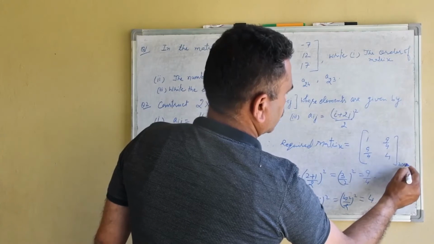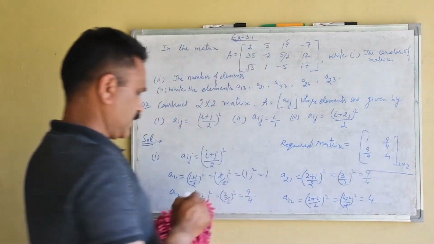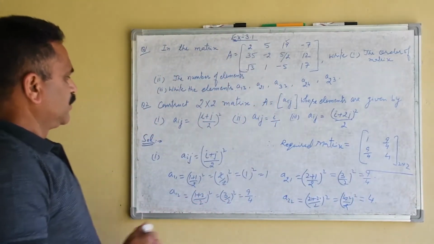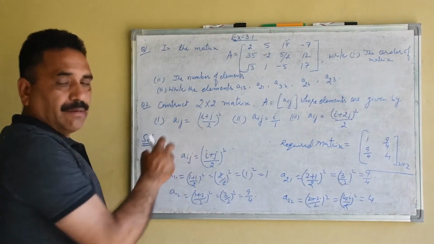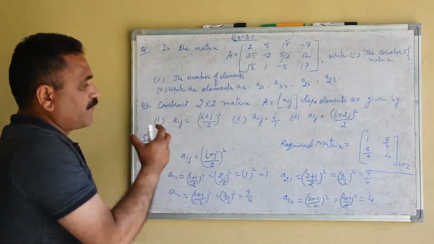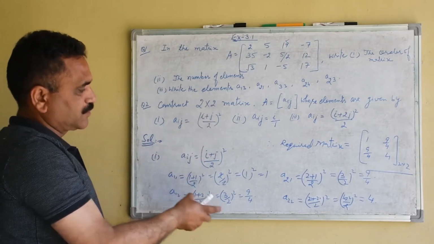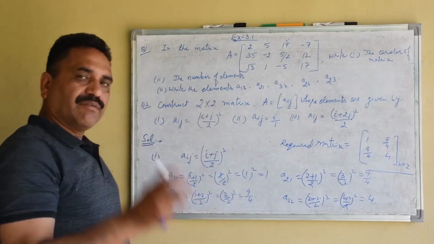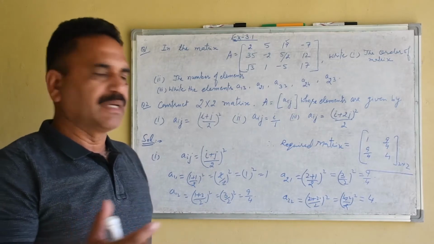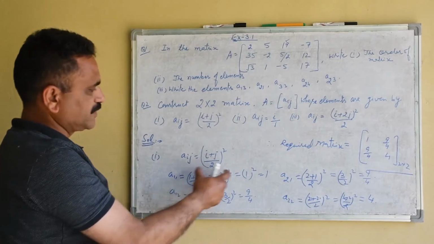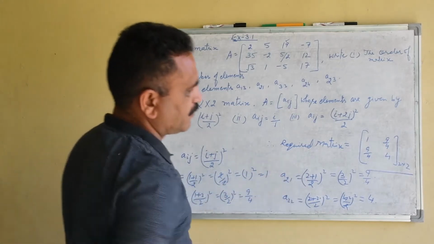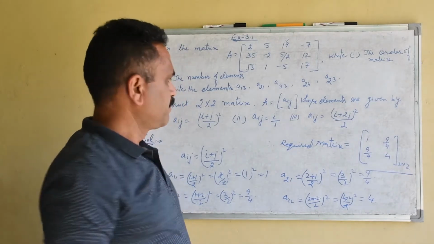So this is your 2 by 2 required matrix. If we know the value of element aij in general form, (I plus j) by 2 whole square, we take the values of I and j at different places, and after substitution of these values we get the value of each element.